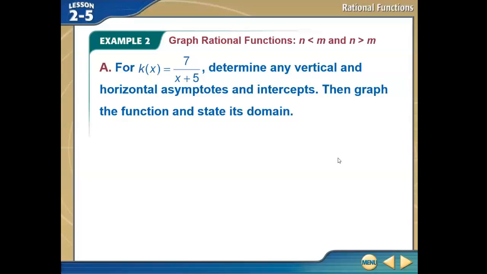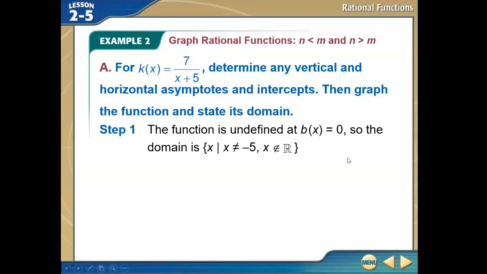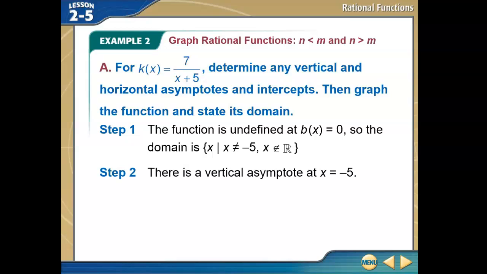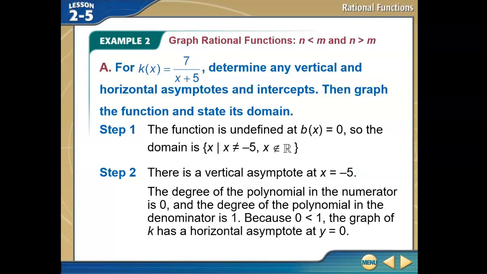Let's take a look at how the book does it. The function is undefined when b of x is equal to 0. Therefore, x can't equal -5. That's where our vertical asymptote is. Because the degree of the numerator is less than the degree of the denominator, we have a horizontal asymptote at the x-axis.